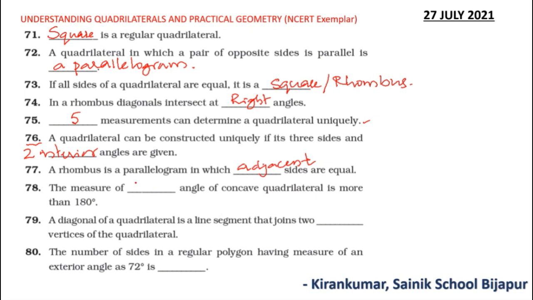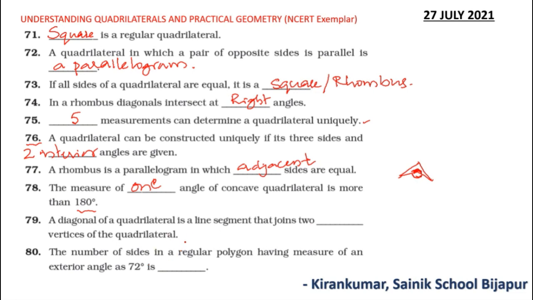One of the angles must be more than 180 degrees. It will become a reflex angle in a concave quadrilateral. If I draw this concave quadrilateral, this angle is having the measure which is more than 180 degrees.